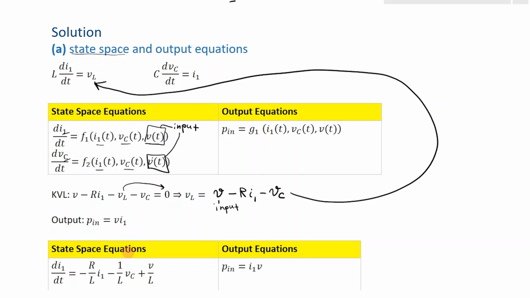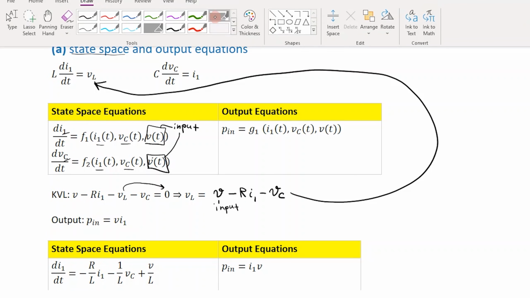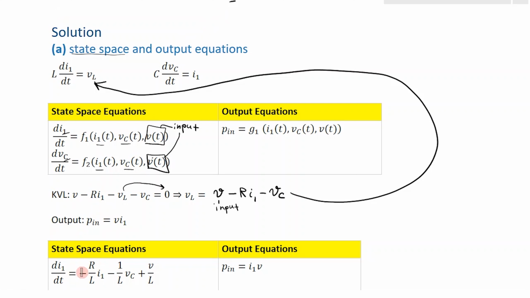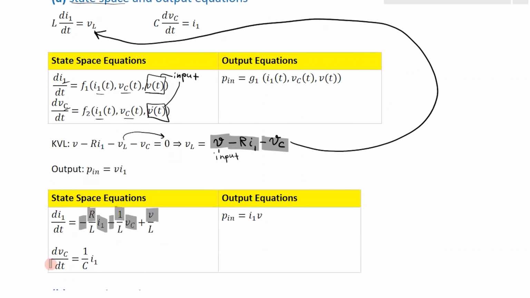And here, let me use a highlighter, we'll have negative R i1 over L, minus this one, which is from here, plus V over L. Then this one is just the same thing as the state equation, except we need to divide by C. So that's what we got here.